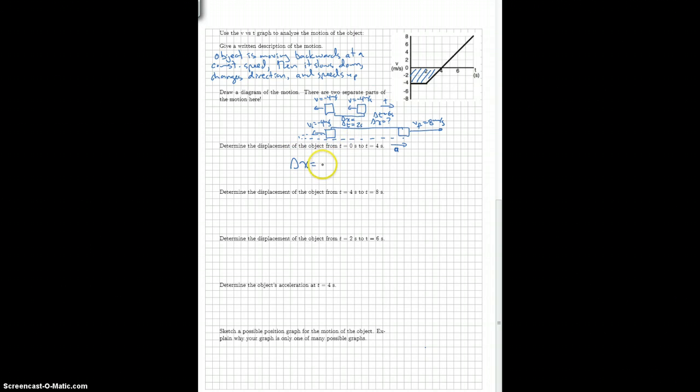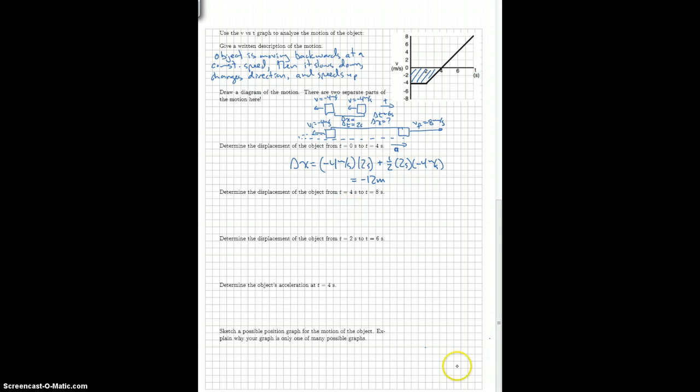So the way I get this is it's negative 4 meters per second for 2 seconds. That's the box there, the square, plus this is a triangle, so 1/2 times 2 seconds times negative 4 meters per second. That gives us negative 4 meters. So altogether we're at negative 12 meters during that interval.